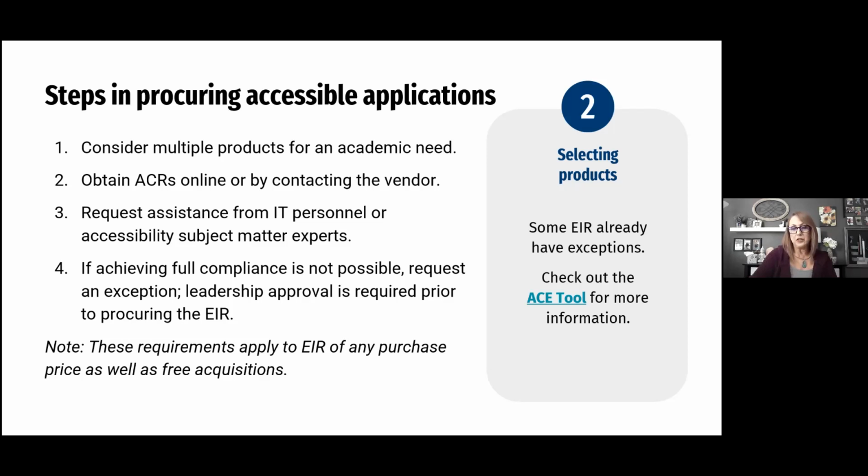In doing that homework, you should obtain the accessibility conformance reports either online or by contacting the vendor, and then you can see how those measure up. One of the things, when I get into showing you one, is that it's not necessarily that the more features indicated accessible, the better.